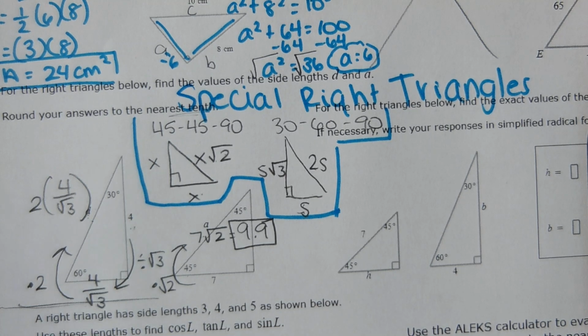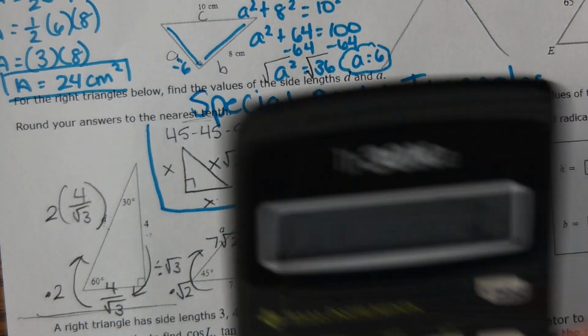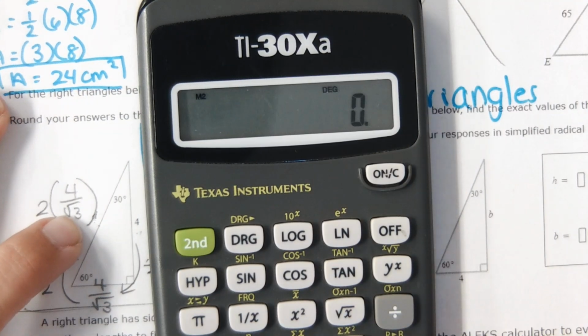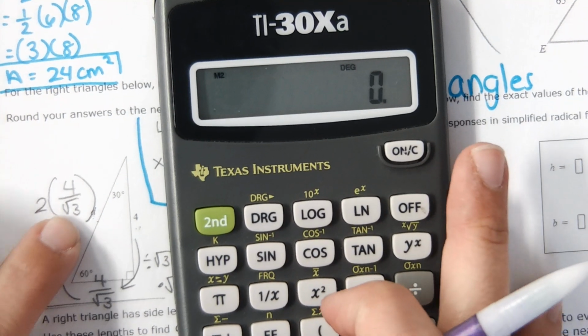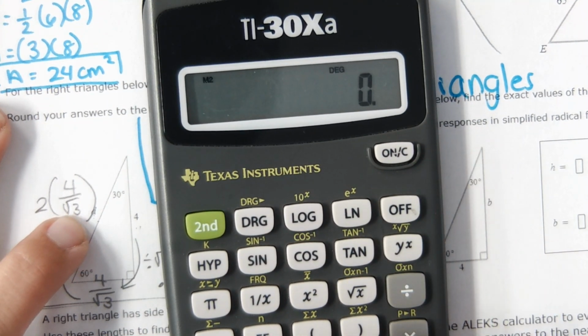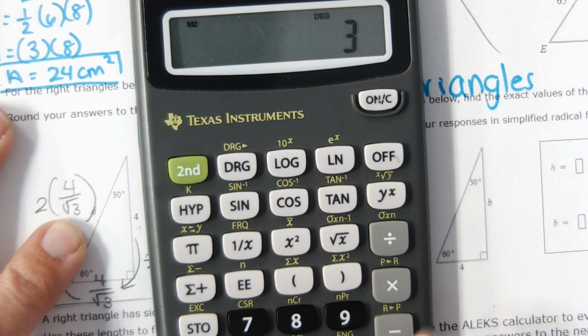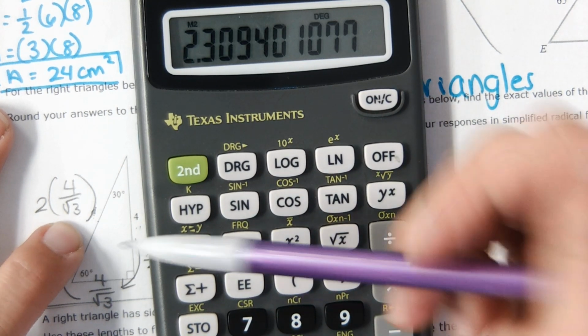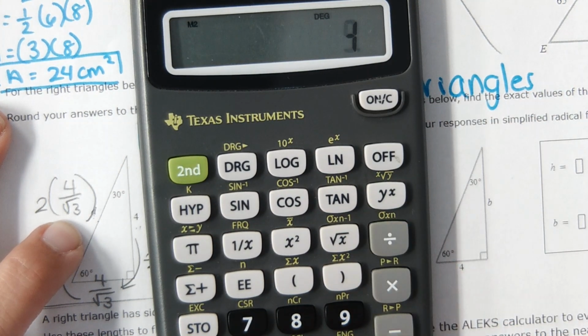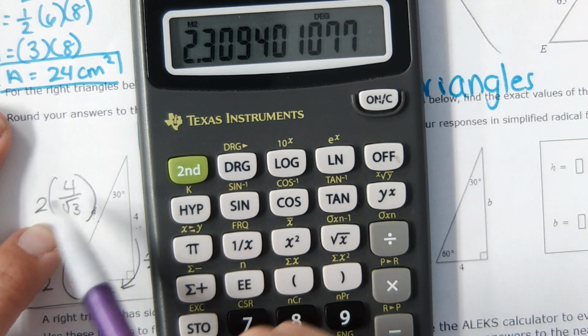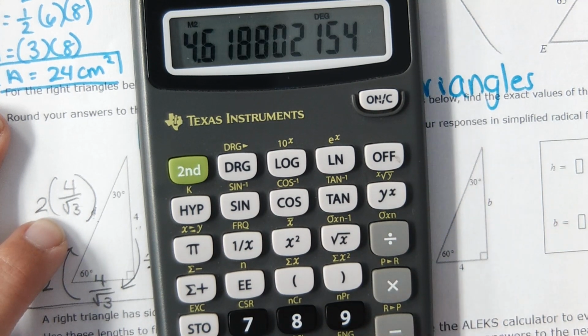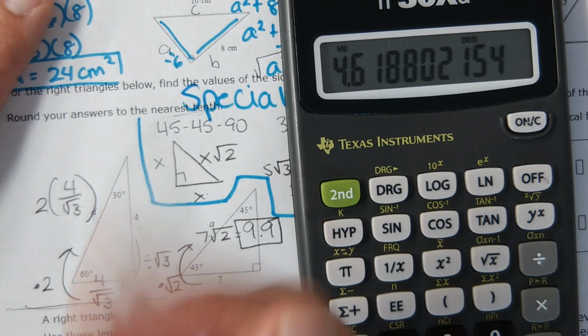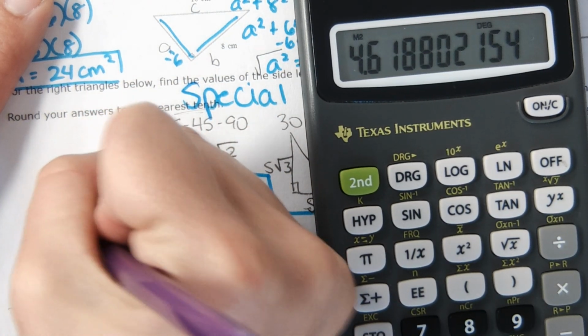Now we could simplify this, but for this question, it just wants a decimal, so we can plug this into a calculator. Start with inside the parentheses. So I'm going to do 4 divided by square root of 3 equals, and then I'm going to multiply that by 2. And I get 4.6. So d equals 4.6.